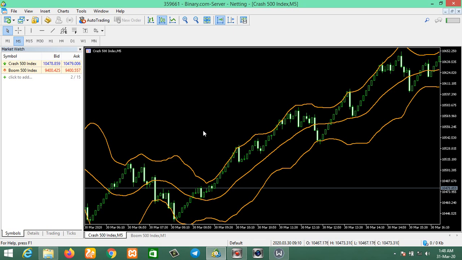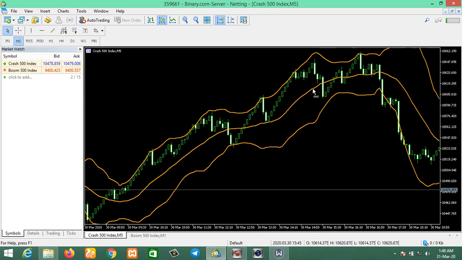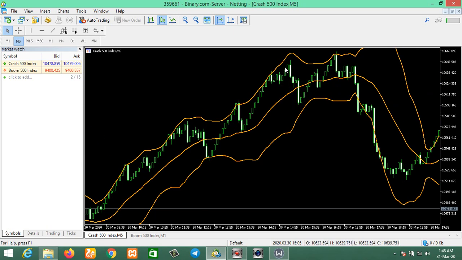Then the second thing that is more important is if it has touched the lower Bollinger Band, you don't wait for it coming up. You can see that at some point, like from here now, the market is coming down, it has not touched the lower Bollinger Band, then starts going up. I won't advise you to enter in this kind of situation.